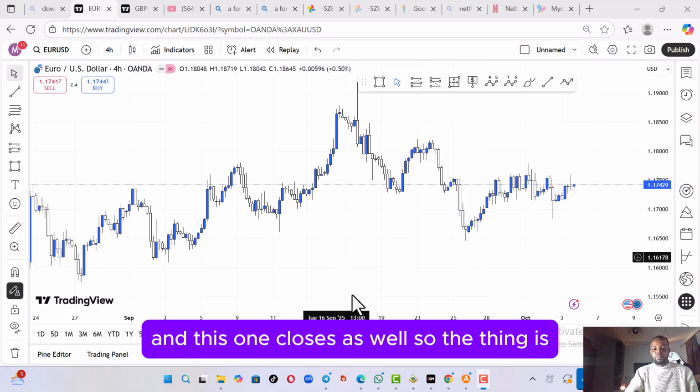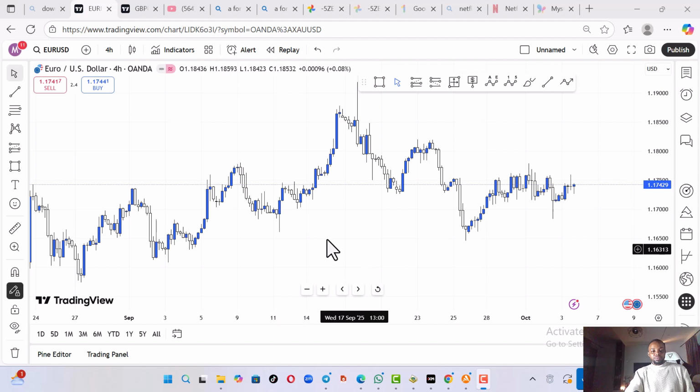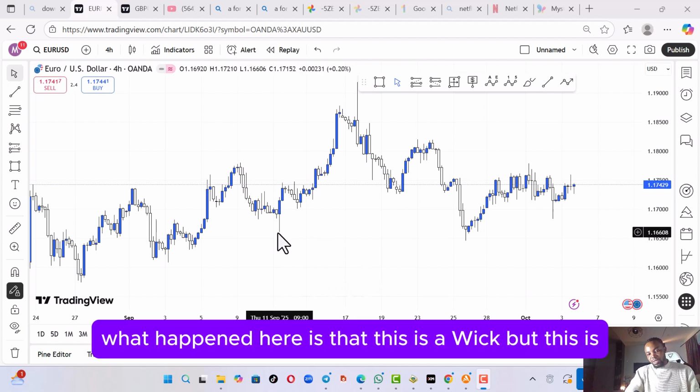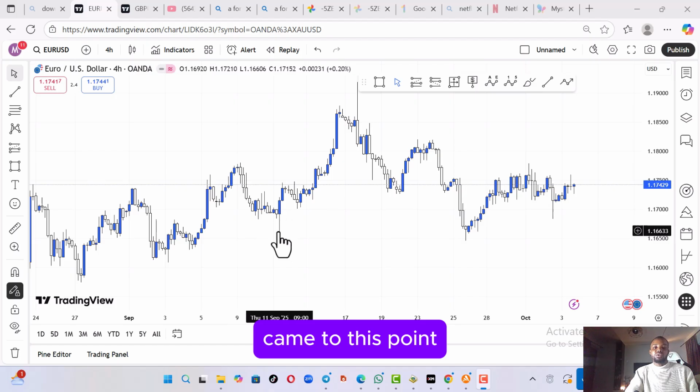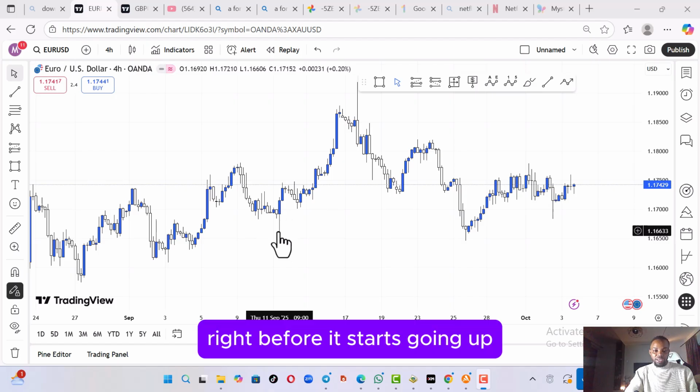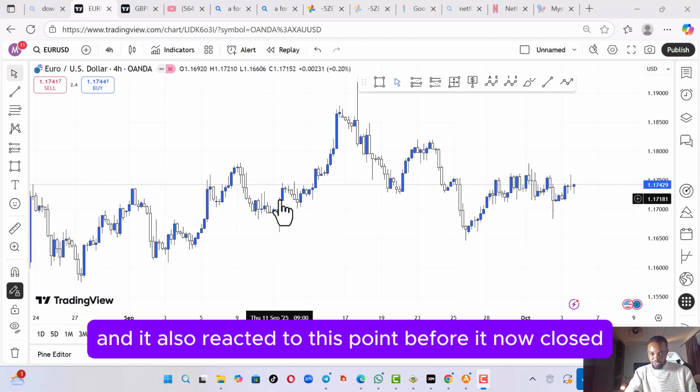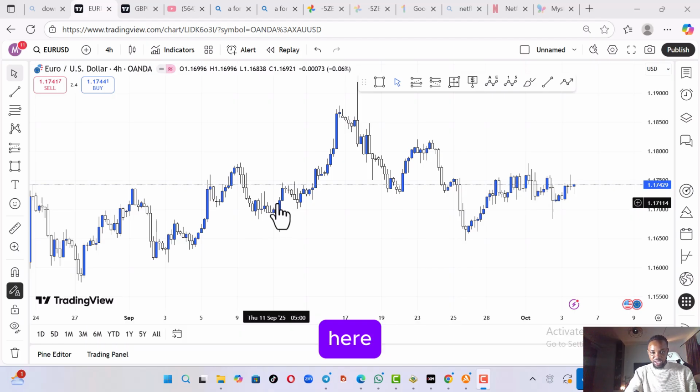as well. So what happened here is that this is a wick, but this is the body, and this is telling you that the market actually came to this point before it started going up, and it also reacted to this point before it closed here.